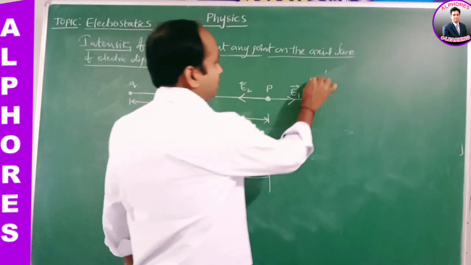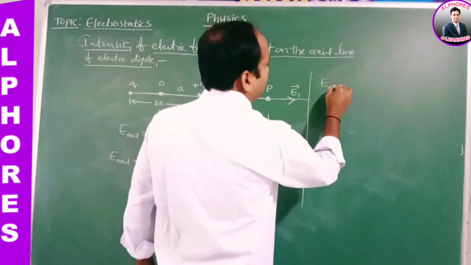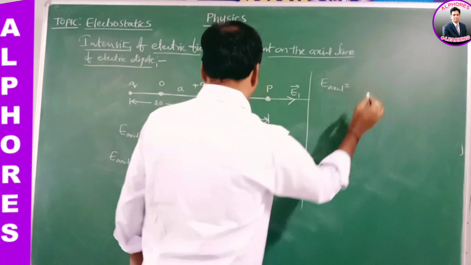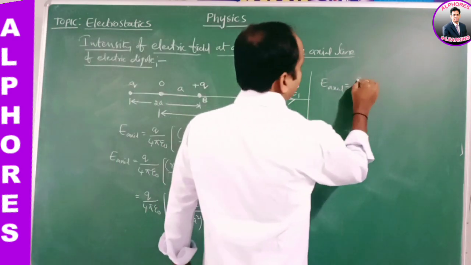Now E on the axial line is equal to q by 4 pi epsilon naught.